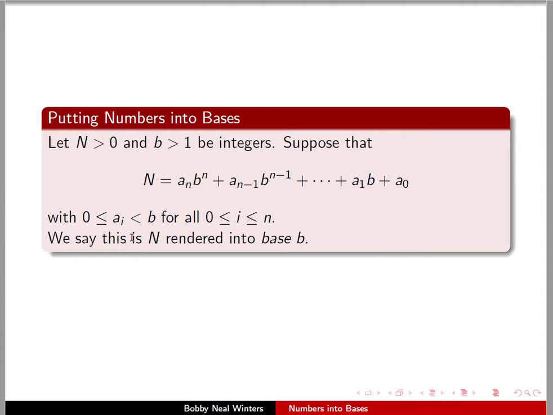Okay, so we're going to start off here. We have a number n that is greater than 0 and a number b that is greater than 1, and they're both integers.